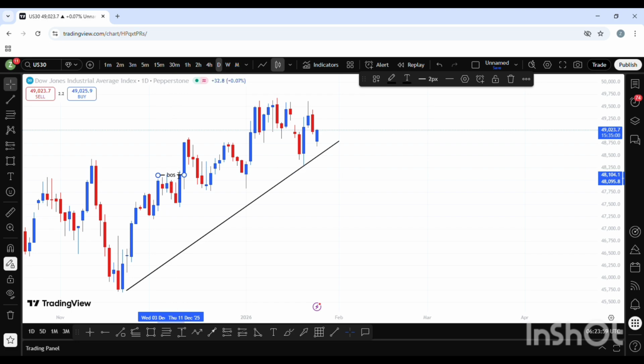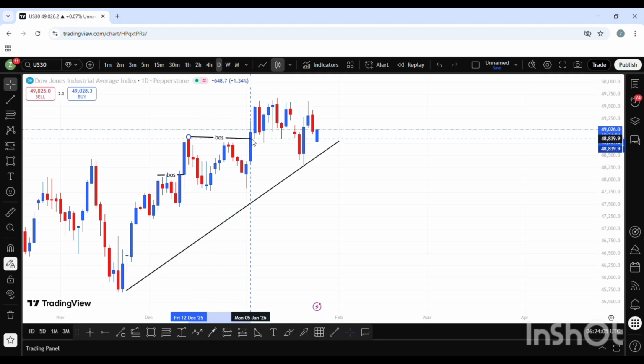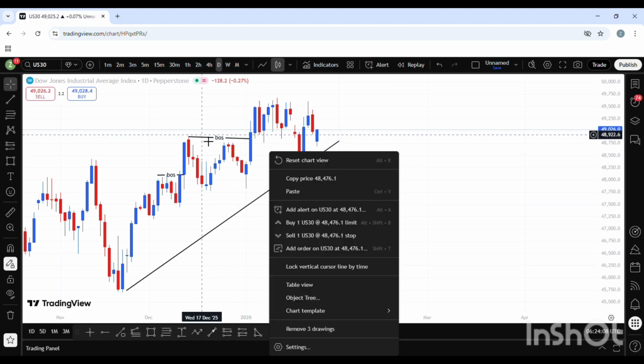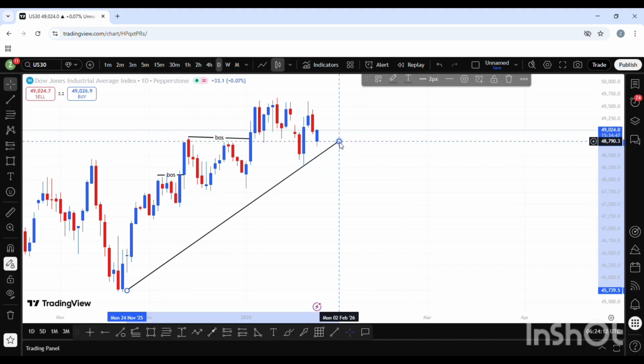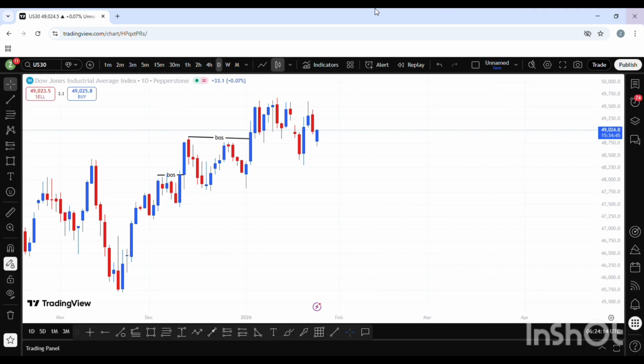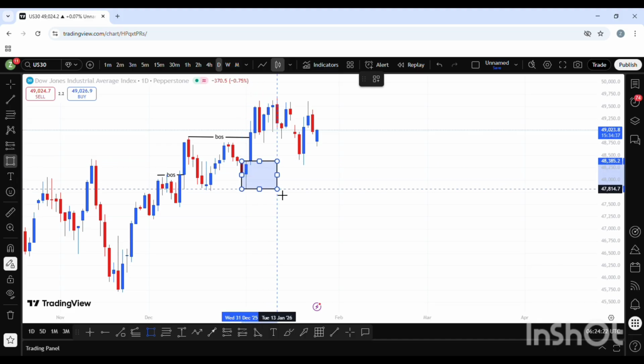Okay, so let me begin here for the sake of those who have forgotten how to map out break of structures. Generally, I ought to have started just at the previous break of structure. Then I map out the origin that caused that break of structure. Sometimes you just look at where the market reacted from.